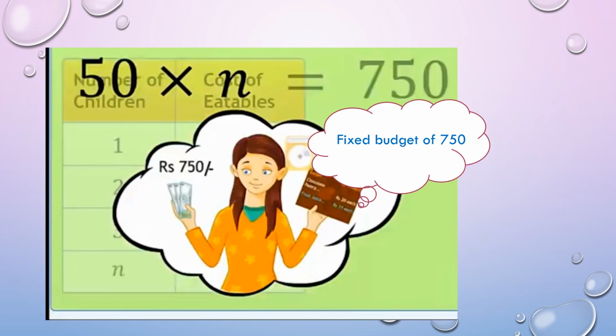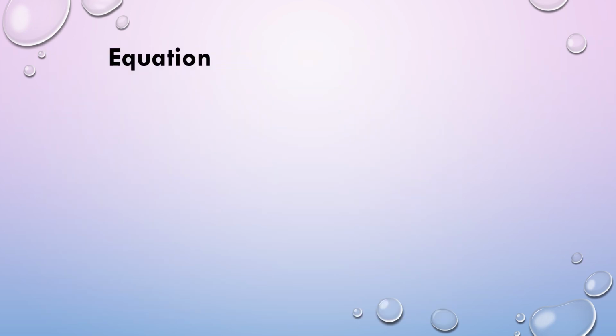If Anna has a fixed budget of 750 to spend on eatable, then 50 into n is equal to 750. What is now formed is called an equation. This equation has numbers as well as a variable.